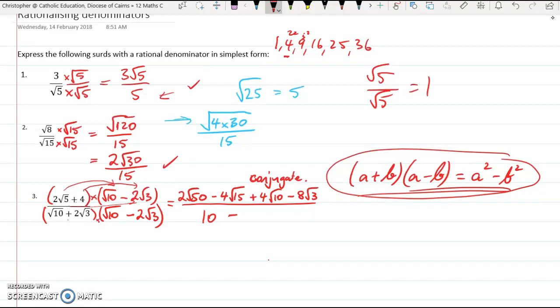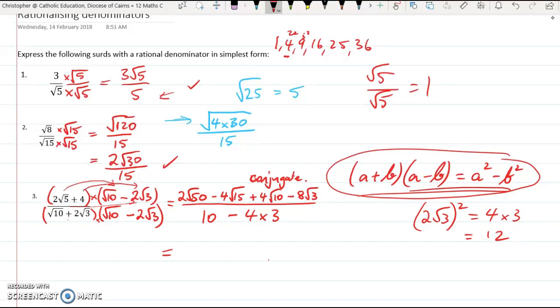So minus 2 root 3 squared is 4 times 3. Now, I'll just show you that over to the side here. That's what we get, 2 root 3. So when we do this, we go 2 squared, which is 4, and root 3 squared, which is 3. So it's 4 times 3, which is eventually 12. Okay. Now let's just tidy it up a little bit.